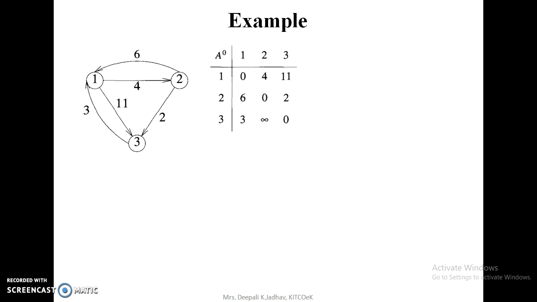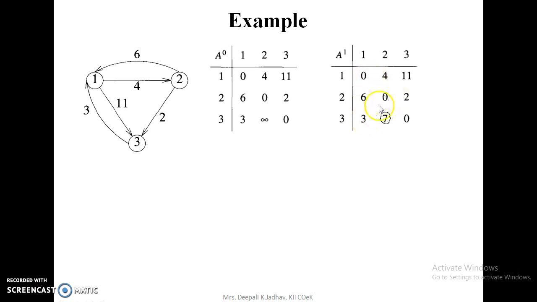Now next A raised to 1 we are going to calculate. So this is the result of A raised to 1. Here we are going to see whether the path goes through 1. If it is minimum, then we are going to consider that. The first row comes as it is in the second matrix. Similarly, the first column comes as it is in the second matrix.